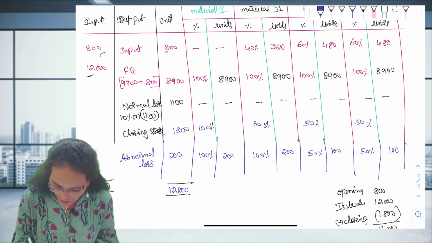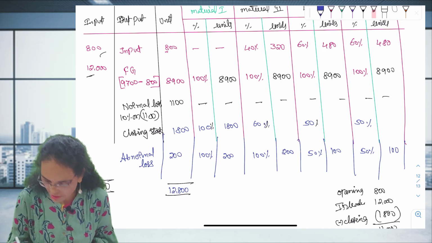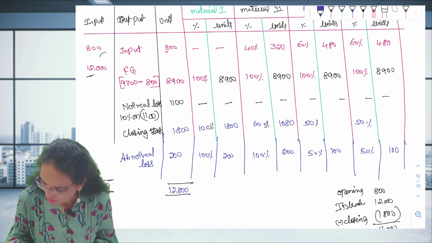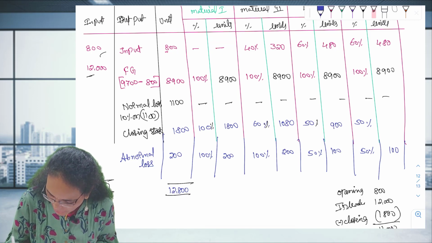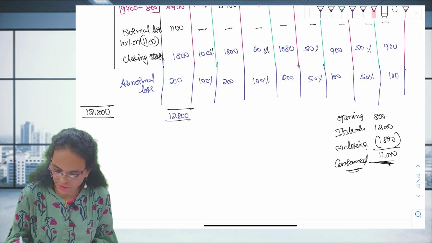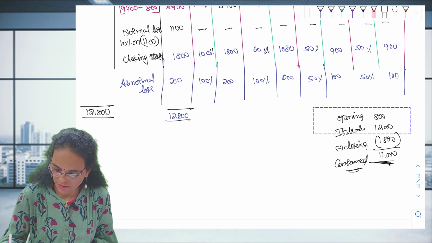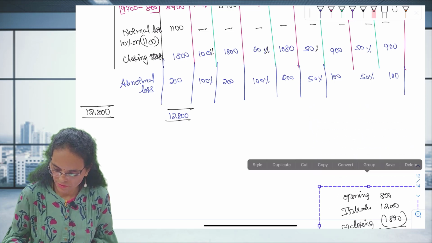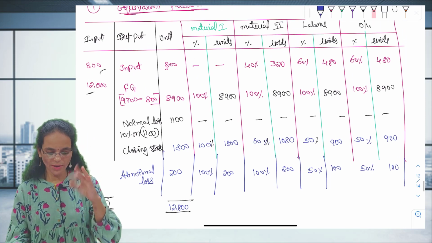So 1,800 into 100% is nothing but 1,800 here. 1,800 into 60%, 1,080. 1,800 into 50%, 900. Here also 900. Right? Now everything is done.